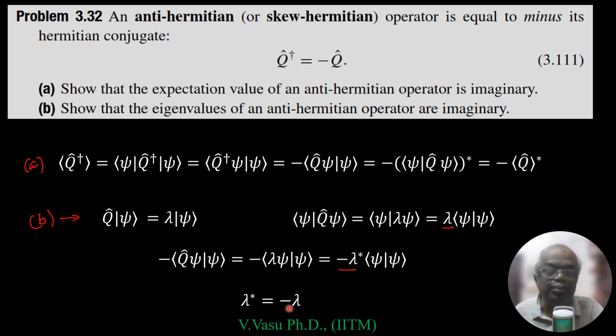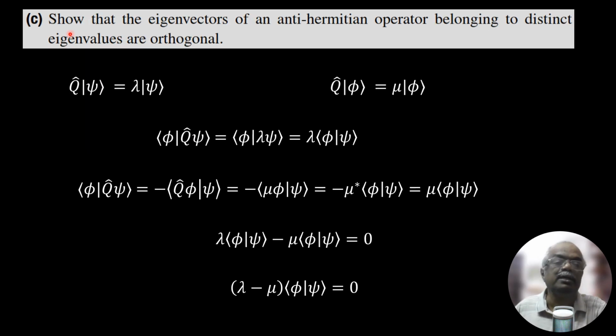Then we will move to part C. Section C is to show that the eigenvectors of an anti-Hermitian operator belonging to two distinct eigenvalues are orthogonal. We have to prove it. Let Q act on ket vector psi; you get an eigenvalue lambda multiplied by this ket vector.